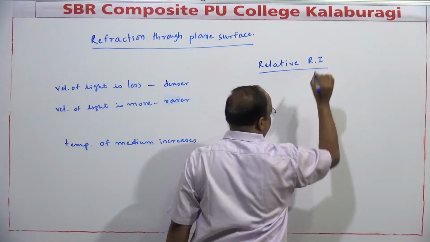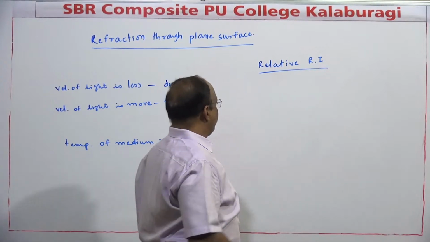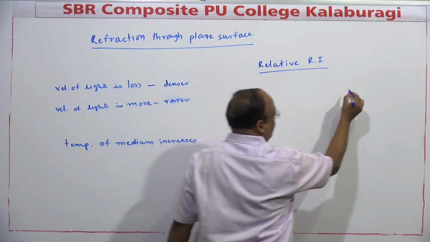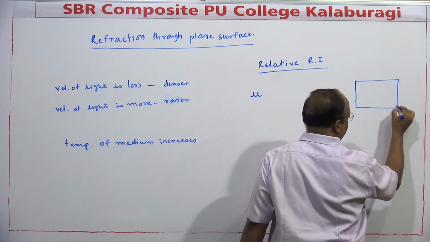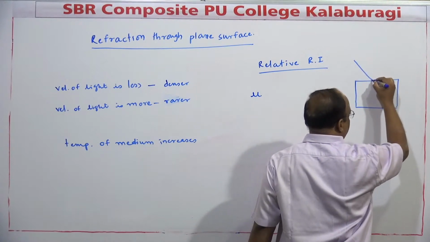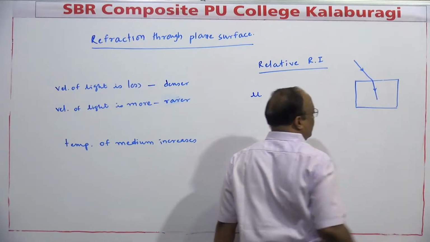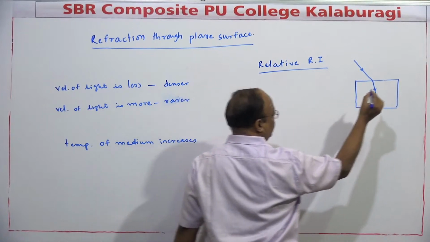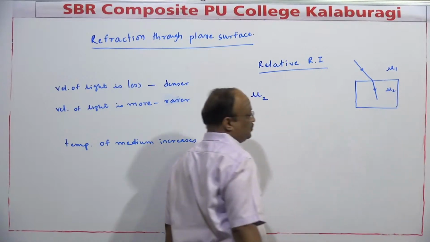Suppose a ray is moving from one medium into the other medium, with refractive indices mu1 and mu2.